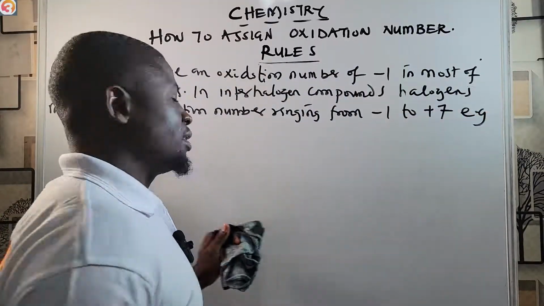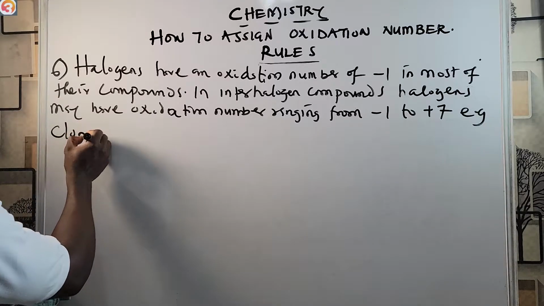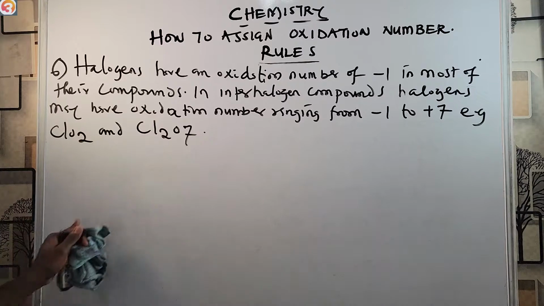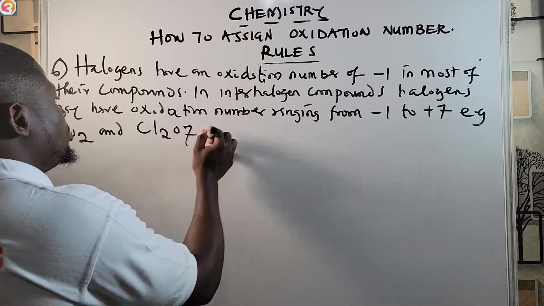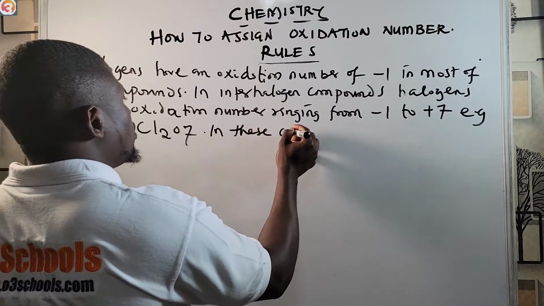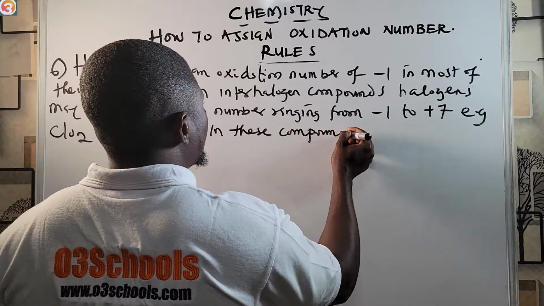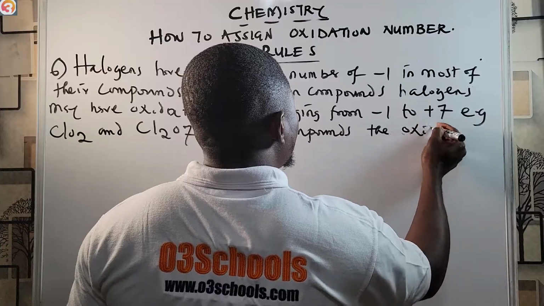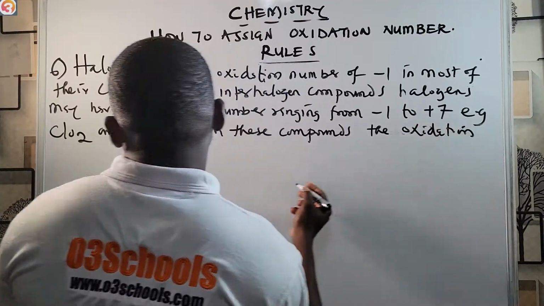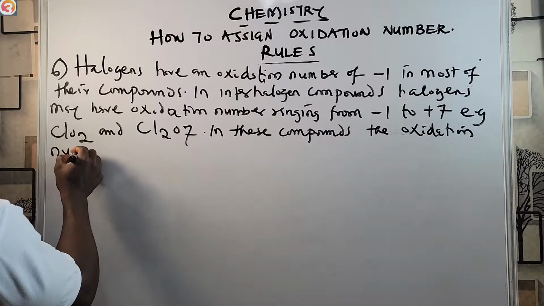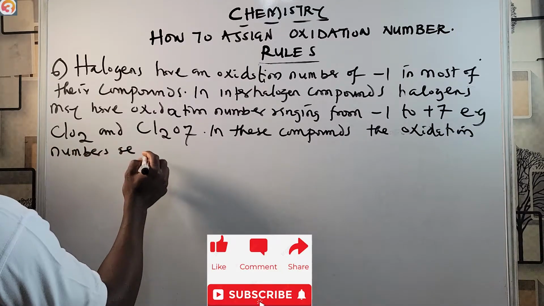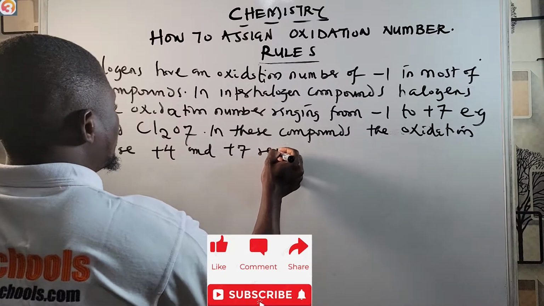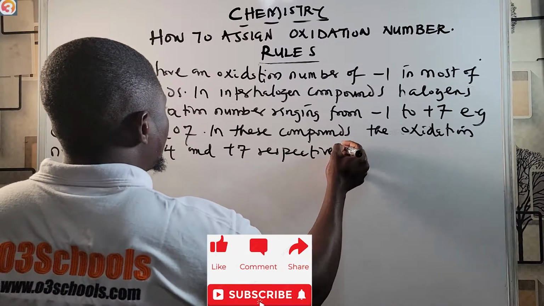For example, we have ClO2 and Cl2O7. In these compounds, the oxidation numbers are plus 4 and plus 7 respectively.